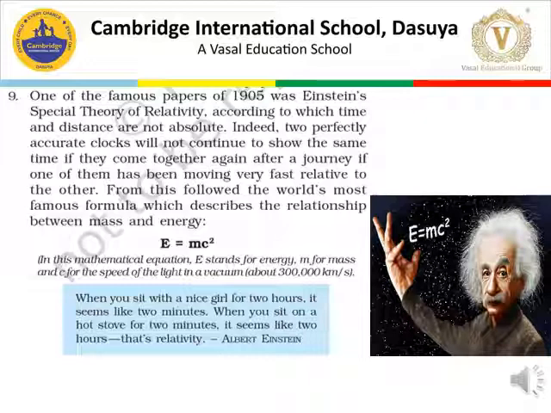In this chapter, special theory of relativity is discussed. The formula which was given was E equals mc square, where E stands for energy, m for mass, and c for speed of light in a vacuum.